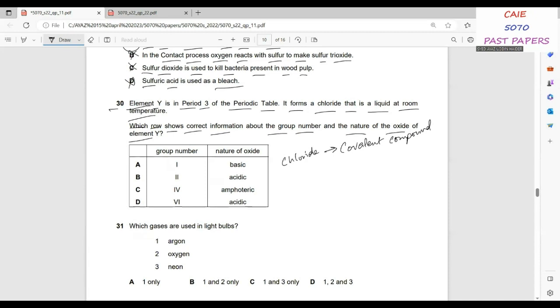Chloride must be covalent, and the nature of the oxide of element Y must be acidic.